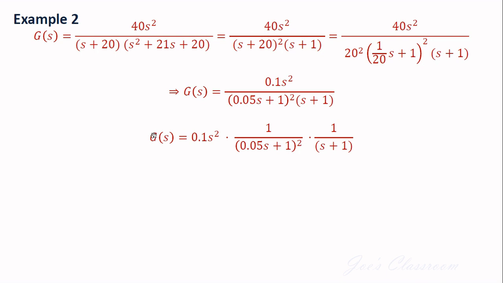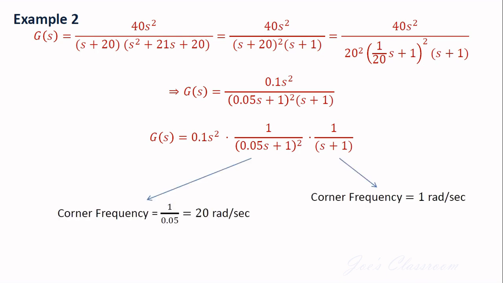Now it is necessary to find out their corner frequencies. The corner frequency associated with this term is 20 radians per second, and the corner frequency associated with this is 1. So how do you get it? This is T equal to 1 by 0.05, and therefore corner frequency is 1 by T, and it will result in 20. Whereas here the value of T is equal to 1, and 1 by T is 1 radian per second.